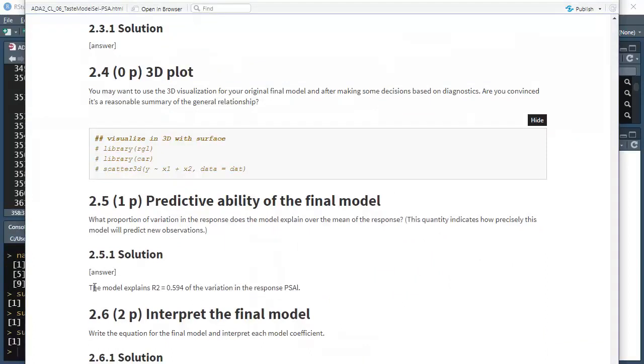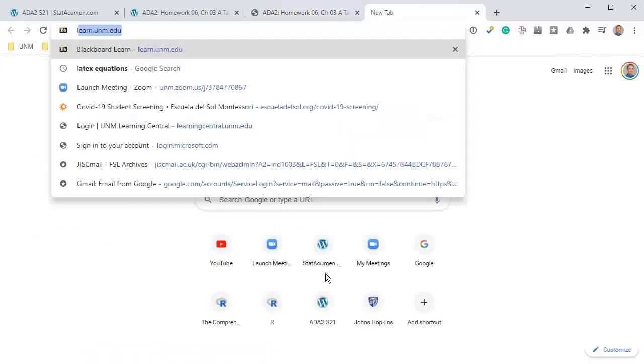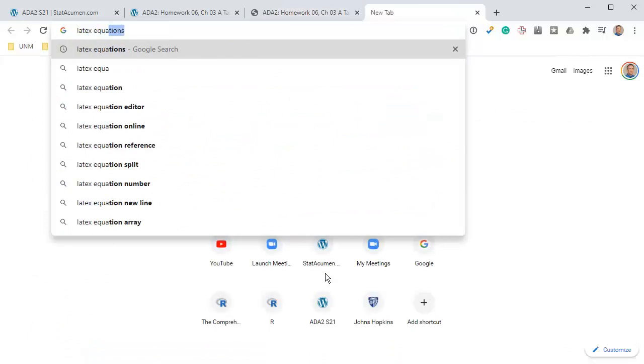So here's what we just did. The model explains R2 equals 0.594 of the variation in log PSA. So let's make this a nice equation. First thing you can do is wrap this in dollar signs. In LaTeX, let's see, I should show you something. How about LaTeX equations?